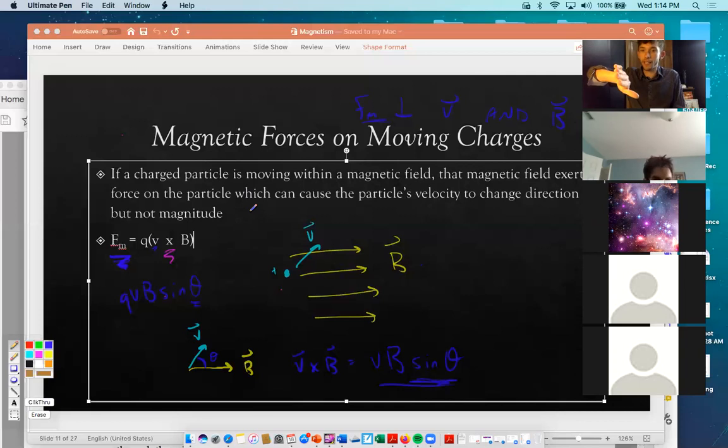I need to hold my hand like this, point the fingers of my right hand up to that velocity vector, and now I'm able to curl my fingers and swing them down towards that B vector, and that has my thumb pointing into the screen. So I know that this magnetic force vector is going to be pointing into the screen, and we always denote that with an X because it's like you've shot an arrow and you're looking at the tail feathers of that arrow, so to speak. Does that make sense?